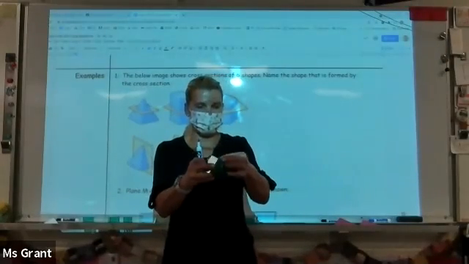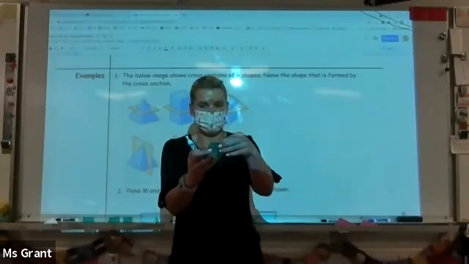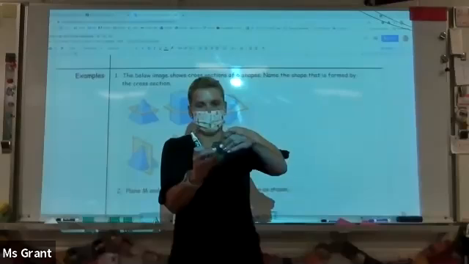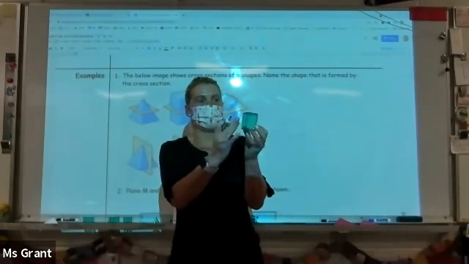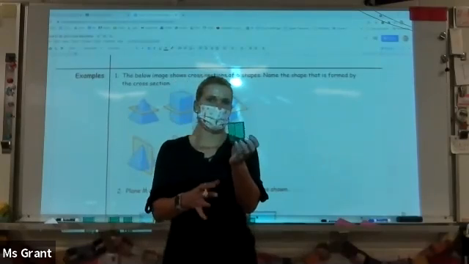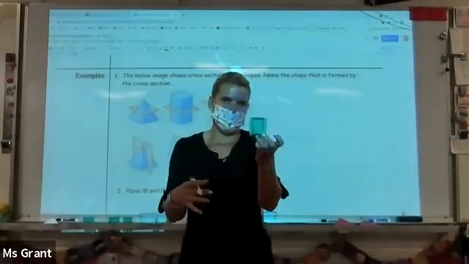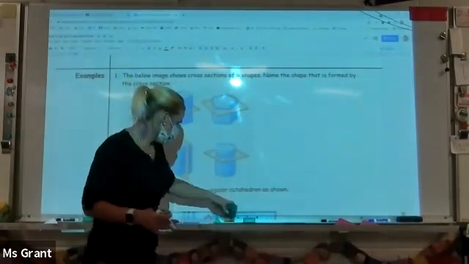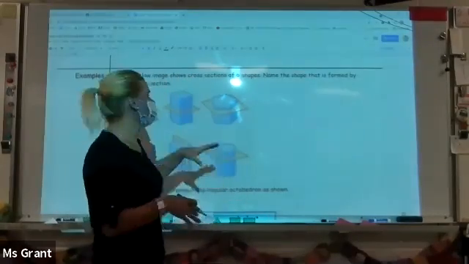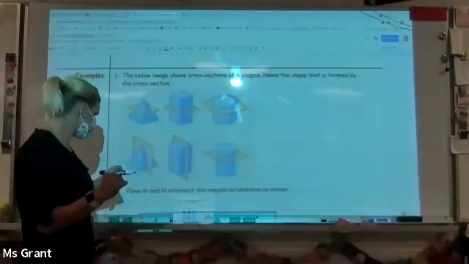Volume, if I filled this up with water, the volume would be calculated. Surface area is if I wrapped this in wrapping paper, or did one coat of paint on all the sides, how much would cover the space? So that's what this chapter is about. So learning about the basics of three-dimensional shapes is really important.